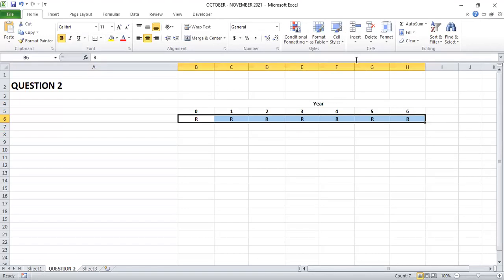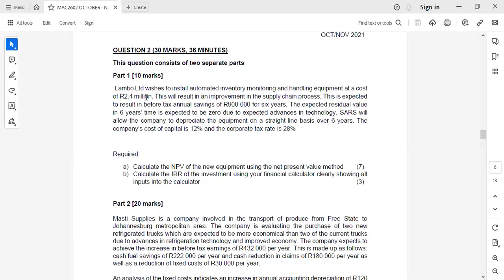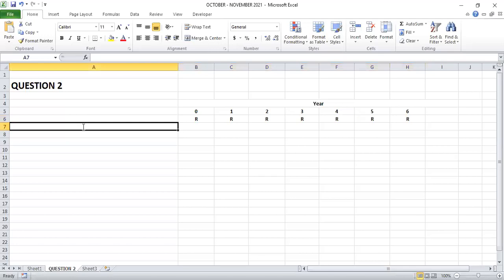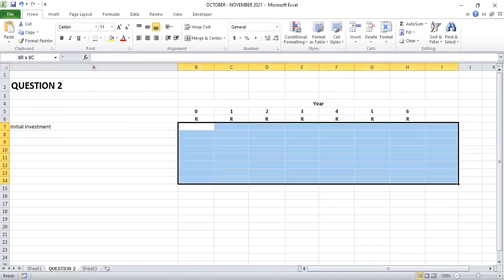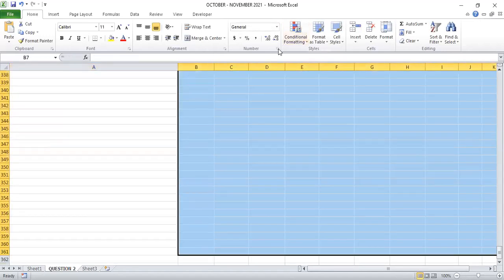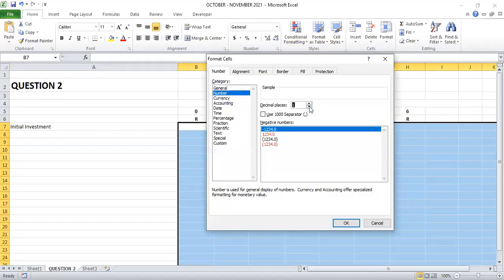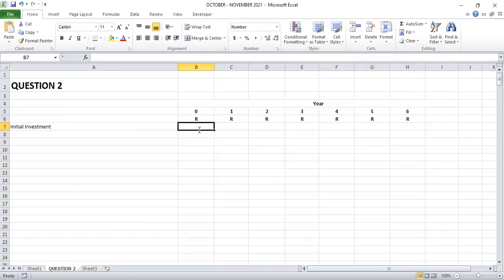We're told that they wish to install automated inventory monitoring and handling equipment at a cost of 2.4 million. That means the initial investment is 2.4 million. So we'll have our initial investment, and we'll put it as a negative, that's negative 2,400,000.